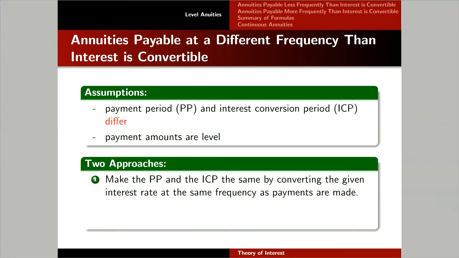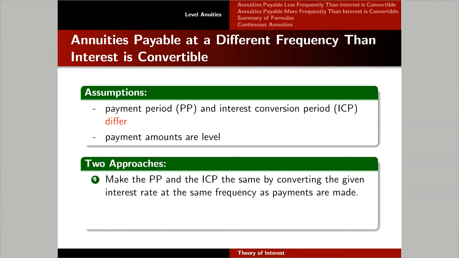Para maging kapareho siya ng payment period frequency, and that is quarterly. So method 1 is easy to use because we were able to establish relationships among different measures of interest.